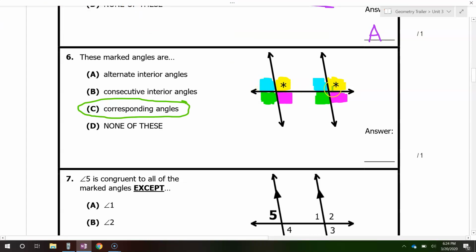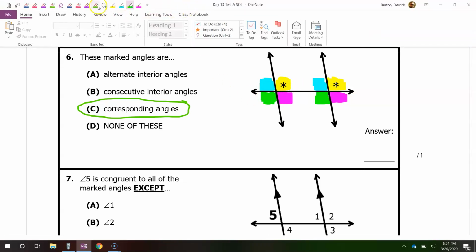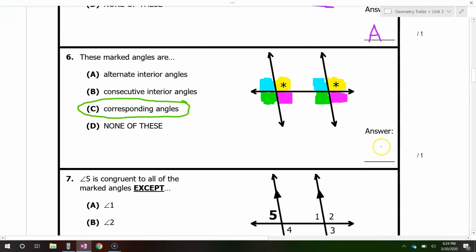So this is what corresponding angles are. Each of these matching colors are corresponding angles. The yellows are corresponding, but also the blues and the greens and the reds are all corresponding because they're in the same position. But anyway, the answer to this particular question is C.